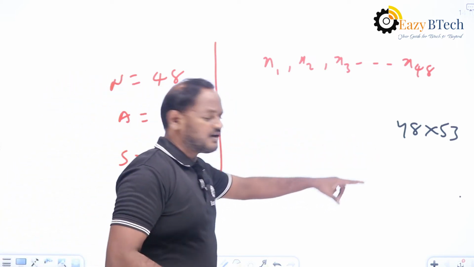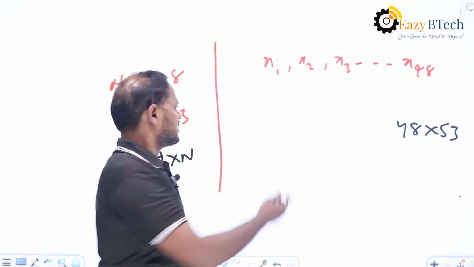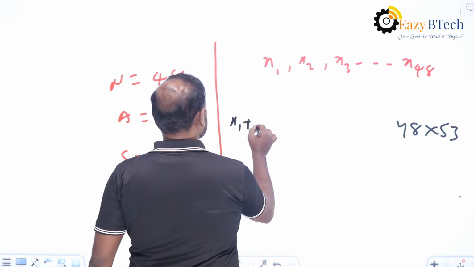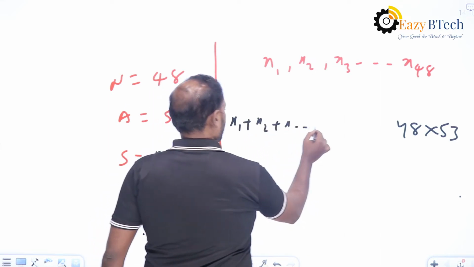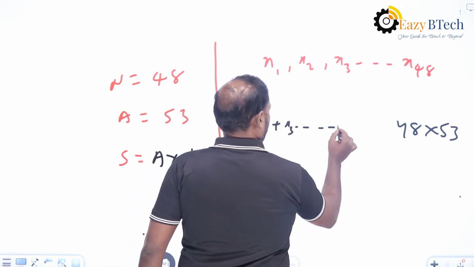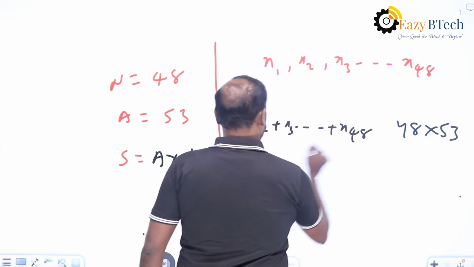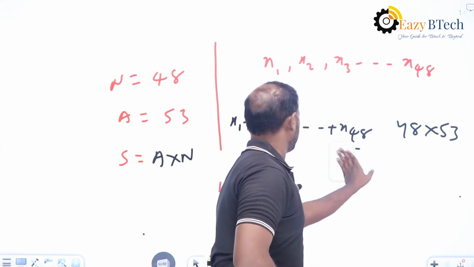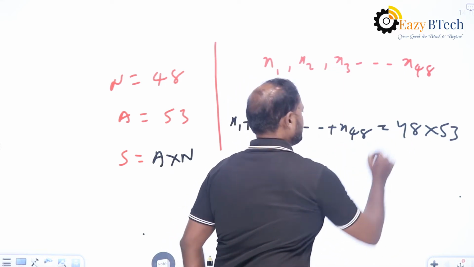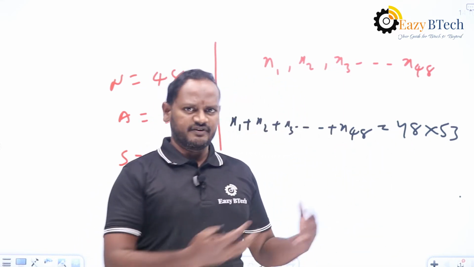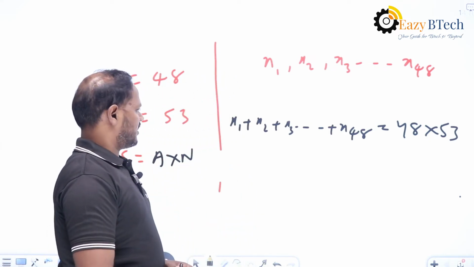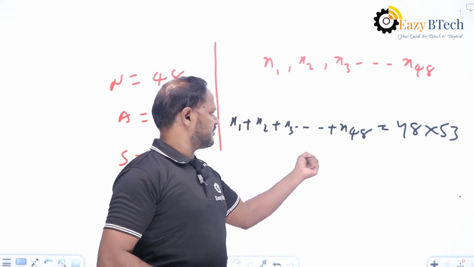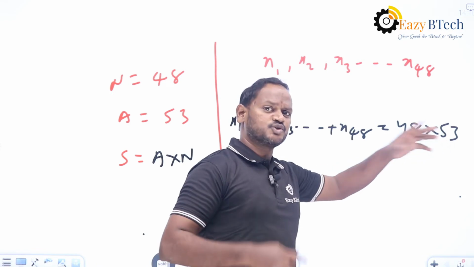This total sum is the sum of all numbers: x1 plus x2 plus up to x48 equals 48 into 53. This is the given condition. We don't know the individual terms, but we need to multiply these two numbers to get the total sum.